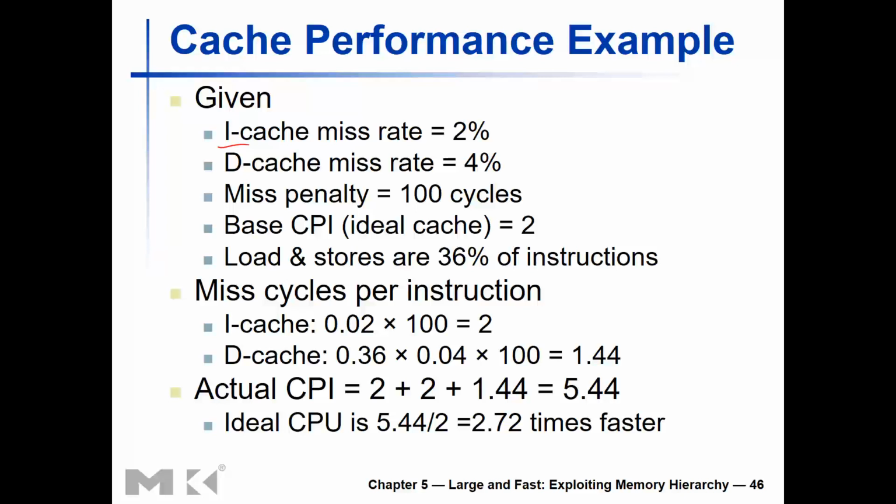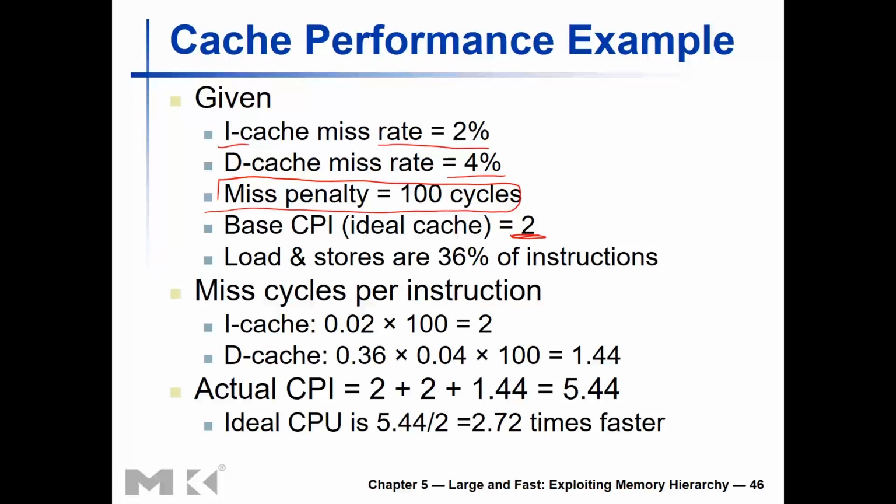So I have two different caches. The miss rate for the instruction cache is 2%, and the miss rate for the data cache is 4%. The miss penalty is 100 cycles. That is high. Now the base CPI, if everything goes nicely and we have a hit, is a CPI of 2.